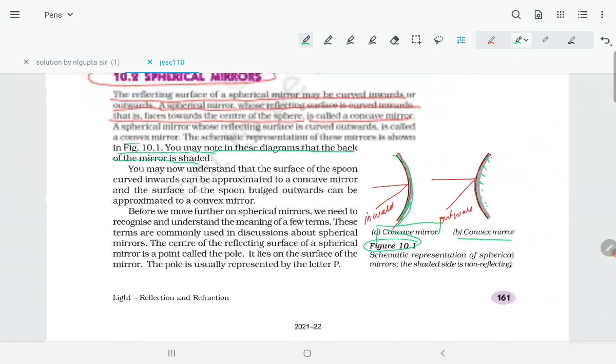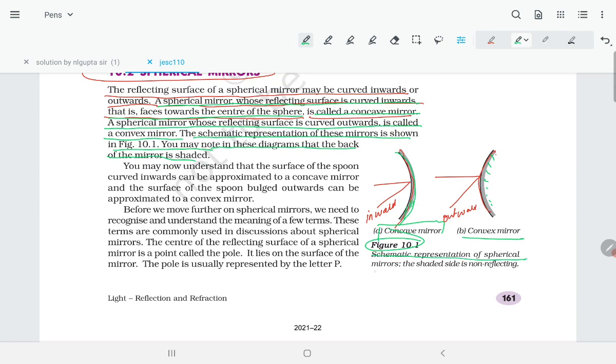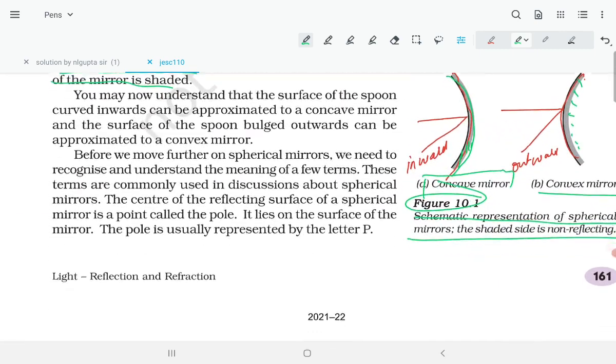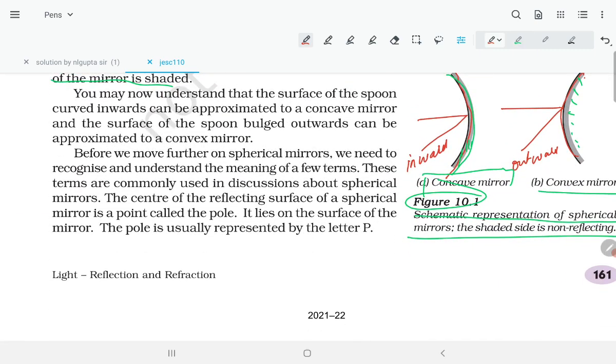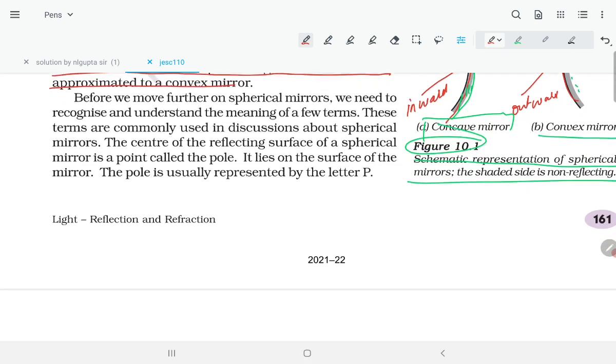So in the schematic representation of a spherical mirror, the shaded side is not reflecting. Now you may understand that the surface of a spoon curved inward can be approximated to a concave mirror, and the surface of the spoon bulged outward can be approximated as a convex mirror.